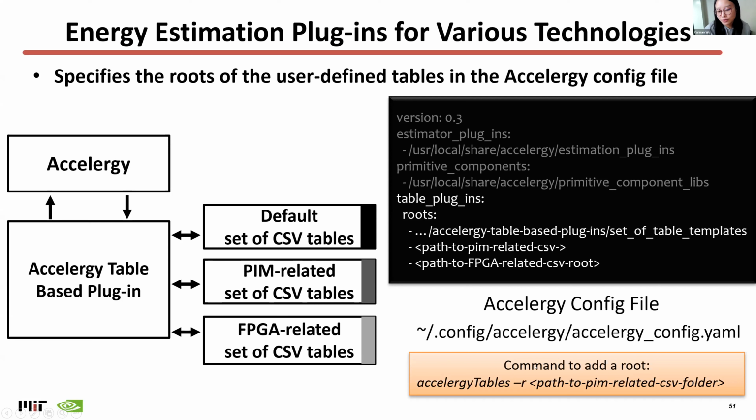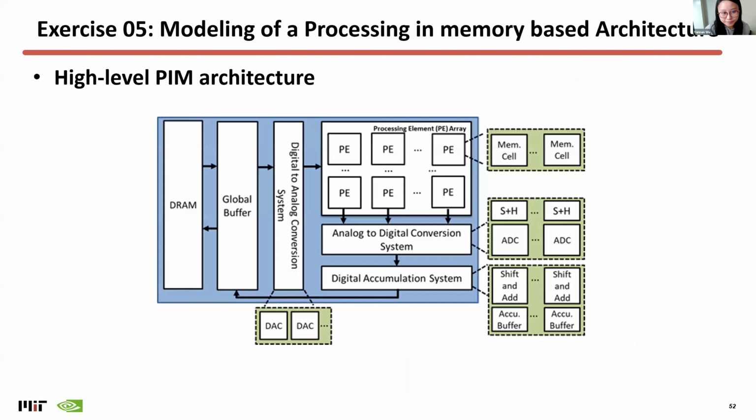And the command to add a new root, which is basically a command to add your table, is to use the command accelergy tables -r and the path to your own table. So once you run this command, you'll see your table being added into the Accelergy config file. And once it's added, Accelergy will be able to use your table for components in your architecture.